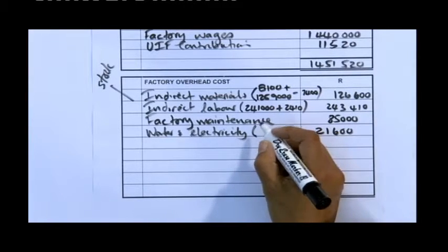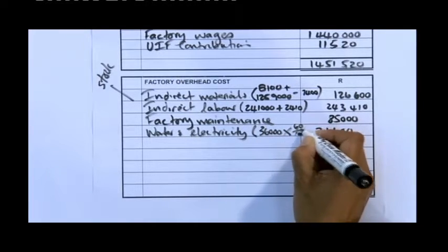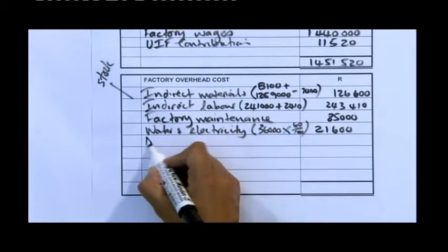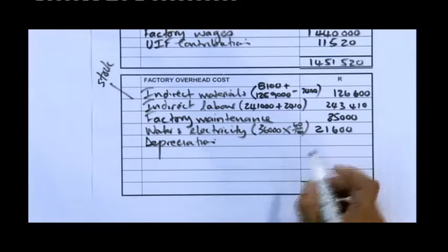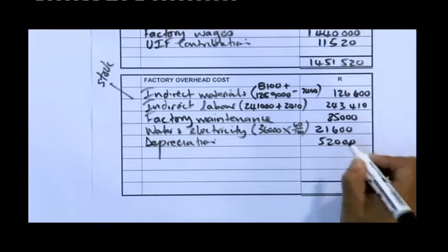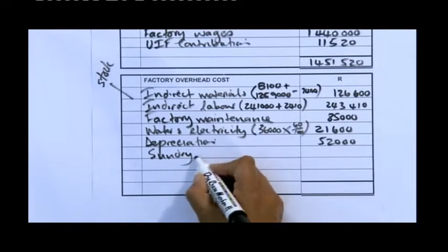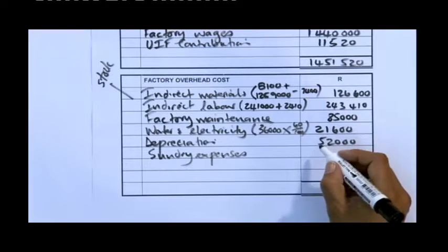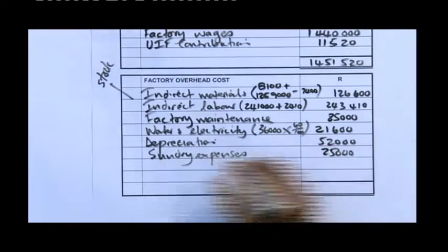How did I work that out? 36,000 times 60%. That's how I worked that amount out. And then depreciation, they give it to us. You don't have to work out the amount, 52,000. And then sundry expenses is 25,000. And I forgot about rent expense.